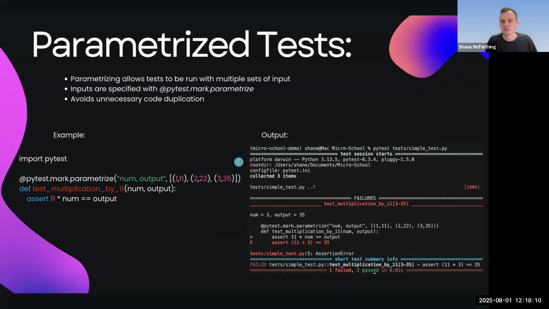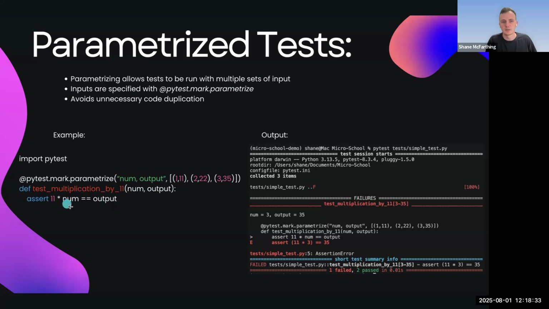The second one is a list of tuples. Each tuple represents a separate test case, and this string breaks down how they're ordered within the tuple. We'll say the first element of the tuple is num, and the second element is output. In the first one, num is 1 and output is 11.